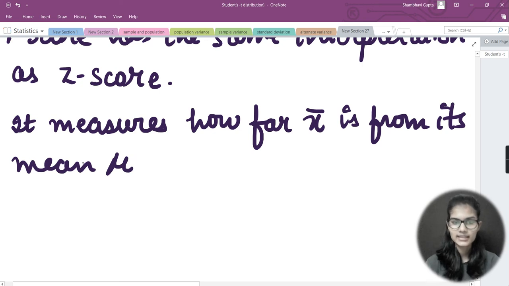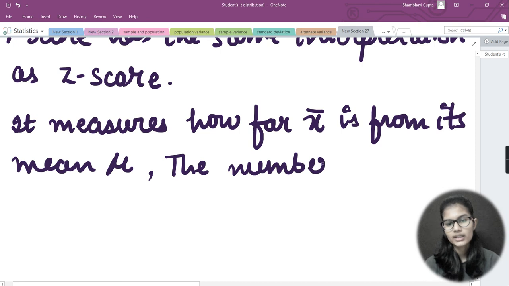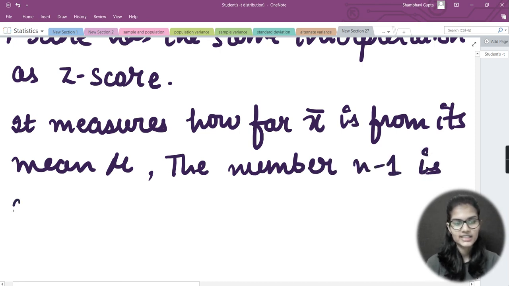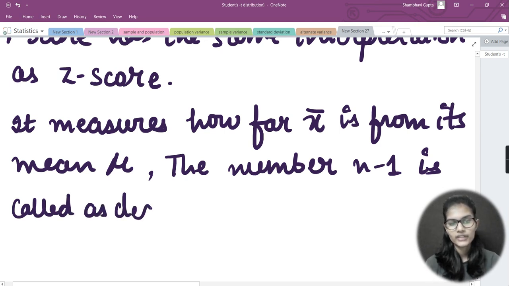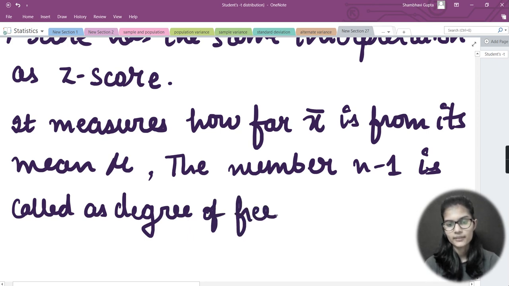And what about the number that I mentioned, that was n minus 1. For that I would write the number here. The number n minus 1 is called the degree of freedom, right?